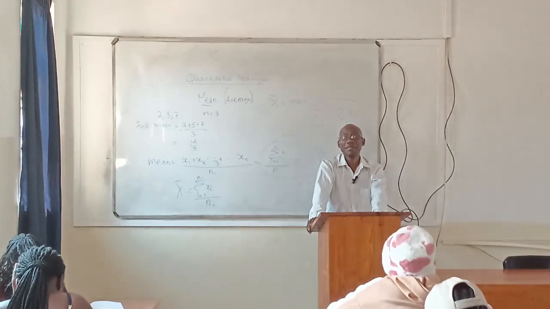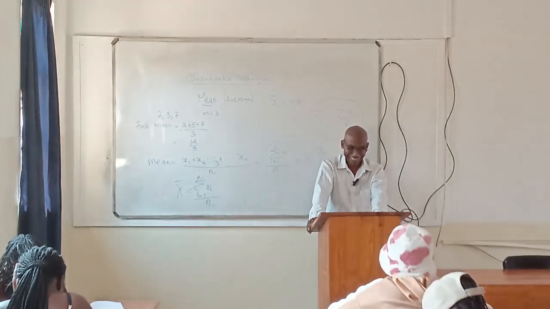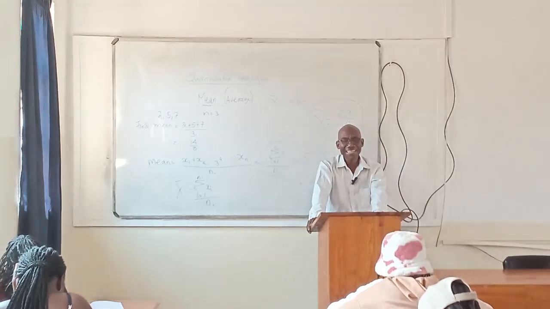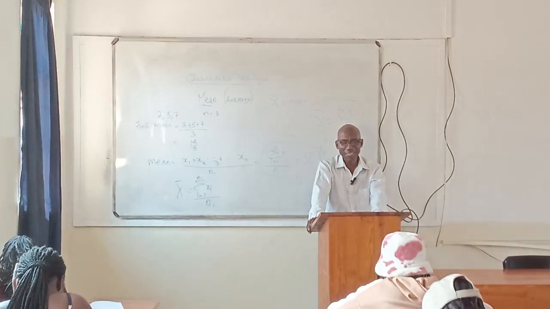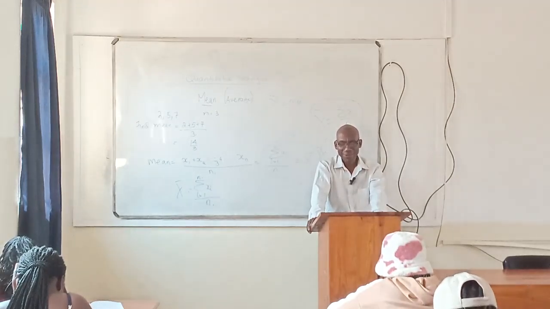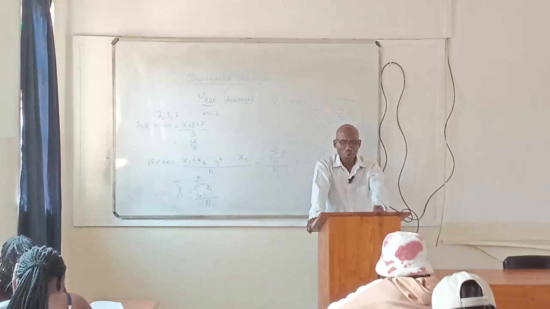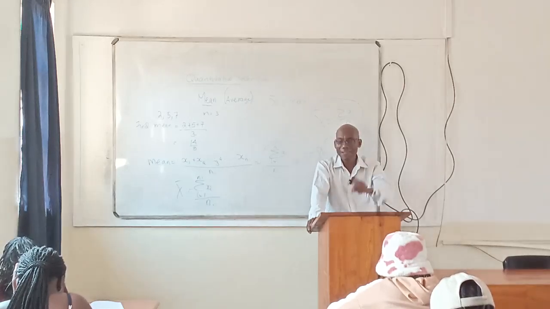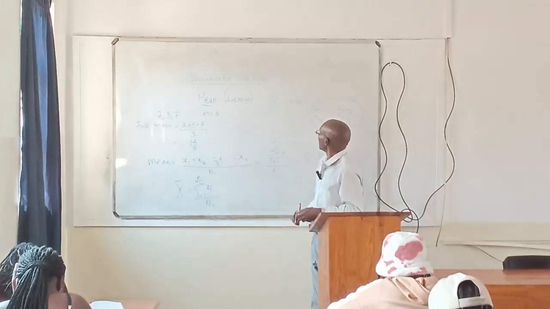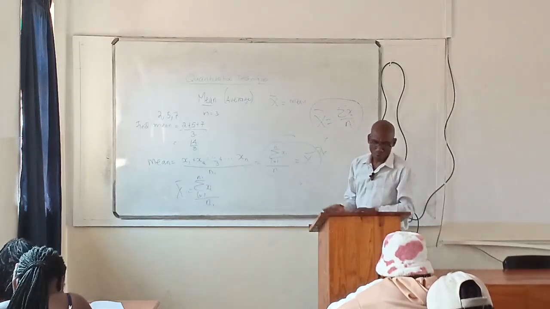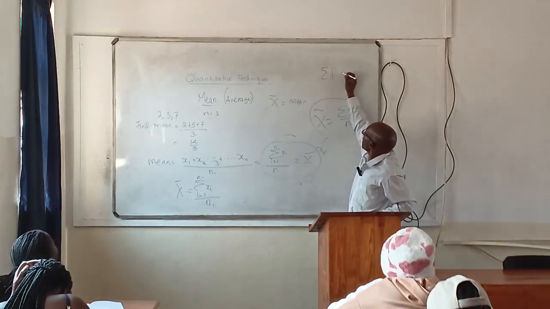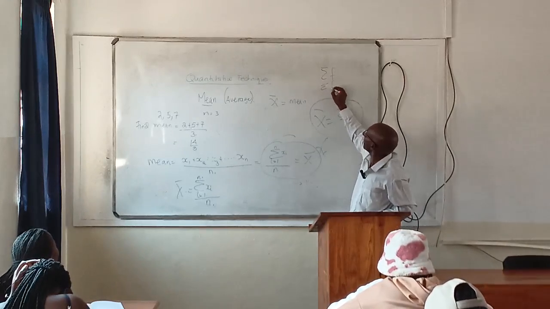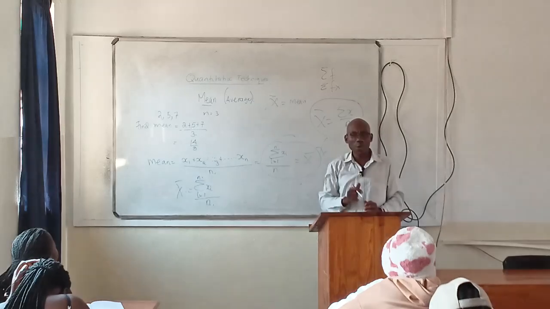Frequency times X. 1 is appearing 11 times, so Fx is 1 times 11. 2 is appearing 10 times, so Fx means 2 times 10, which is 20. When you have a frequency table, to find the mean you use the F and Fx columns.